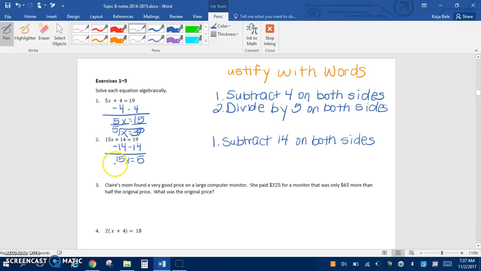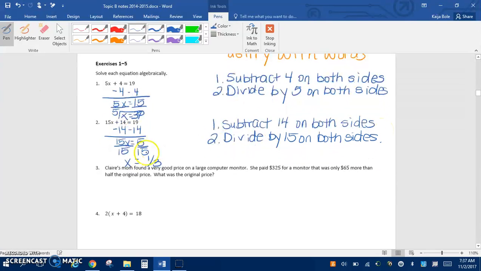And then here we're just going to divide by 15, divide by 15. So x, when we simplify here, we would get x equals 1/3. So our second step here was to divide by 15 on both sides. Alright, so that's it for those two.